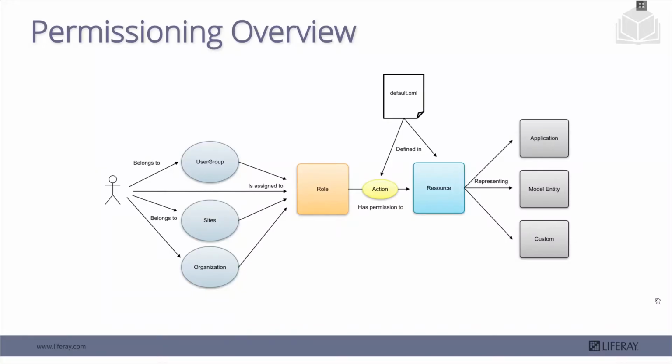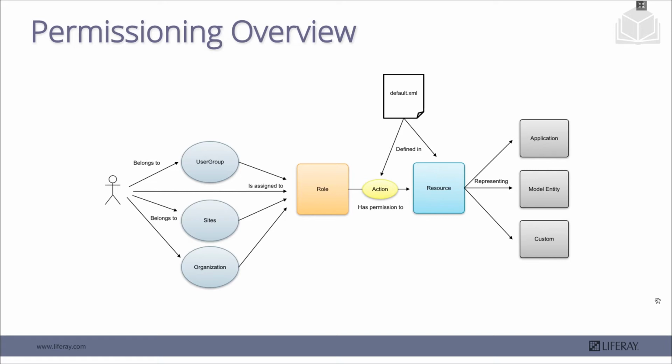So let's take a look at this diagram here. We can have a user who belongs to a user group or a site or an organization. They can belong to any one of these three things, and each one of those things can be assigned a specific role. So let's take an easy one.